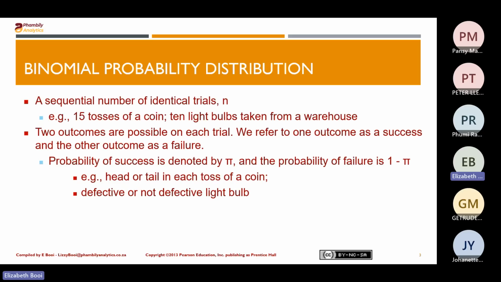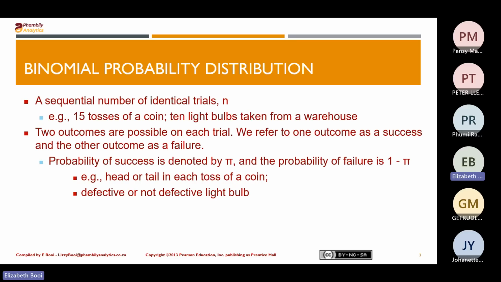So if I toss a coin and it lands on a head, that is a success, and the probability for a head will be 1 out of 2. The complement of it will be a tail, which will be 1 minus 0.5, or 1 minus 1 over 2, because the number satisfying is 1, divided by the sample space, which is 2 outcomes, the total number of outcomes.